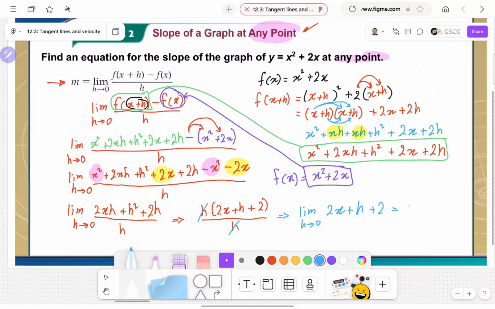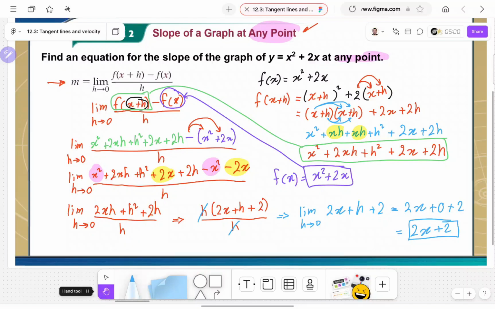Now let's replace h with 0. So it will be 2x plus 0 plus 2. So the final will be 2x plus 2. So this is how we can find the answer using the formula of finding the slope at any point.